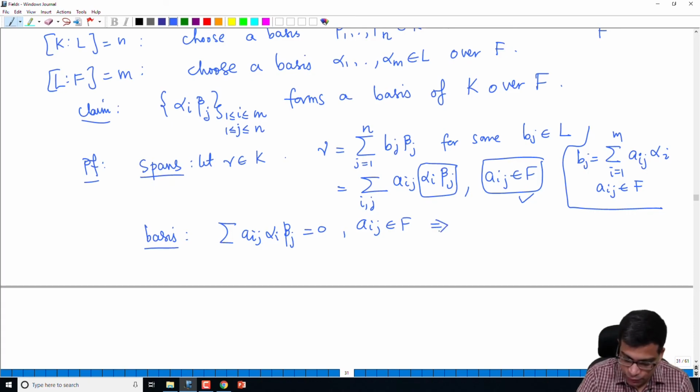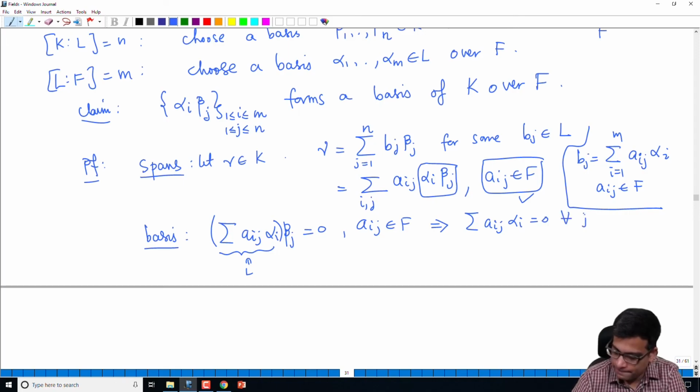But that means we can first conclude that because beta j are linearly independent over capital L and these coefficients are in capital L, the summation of a_ij alpha_i is 0 for all j. But again alpha i's are linearly independent, so that means a_ij is 0 for all i and j.